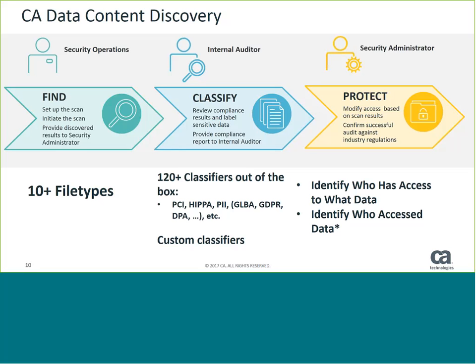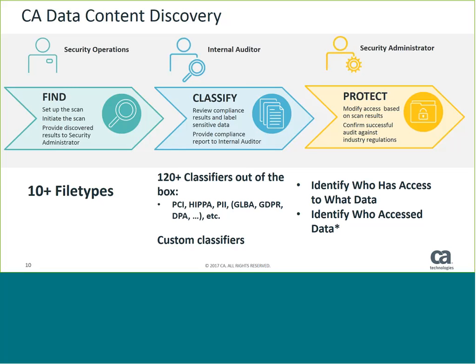I think perhaps what we've been able to show is that we do offer a new capability that has never been available before on the mainframe itself that gives you data loss prevention capabilities to find sensitive data with CA Data Content Discovery and to classify the data as appropriate for the regulations or the best practices that an organization is looking to adhere to. Marianne, do you have some concluding statements here about the capabilities of DCD and what we've proven here today?